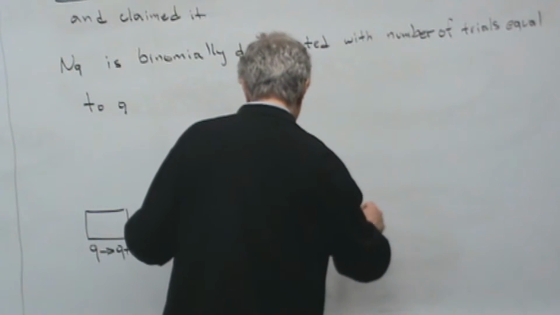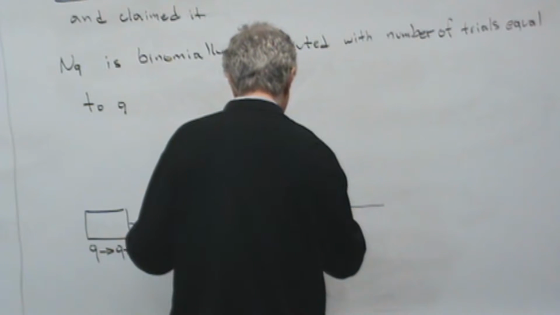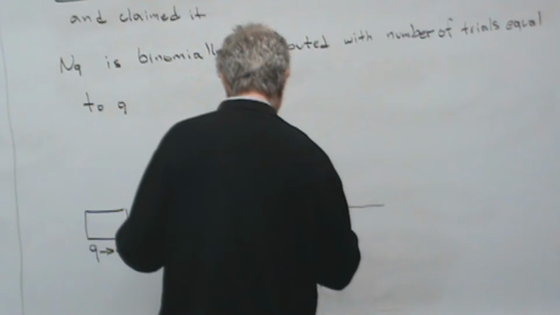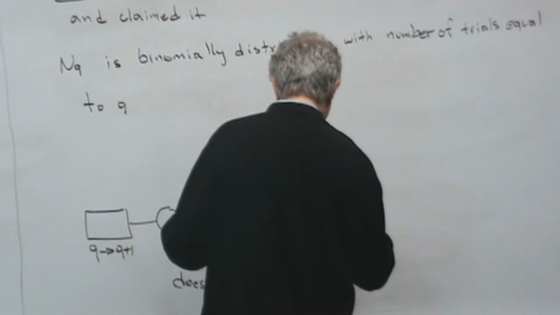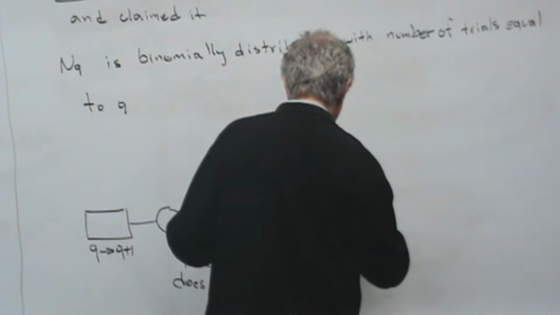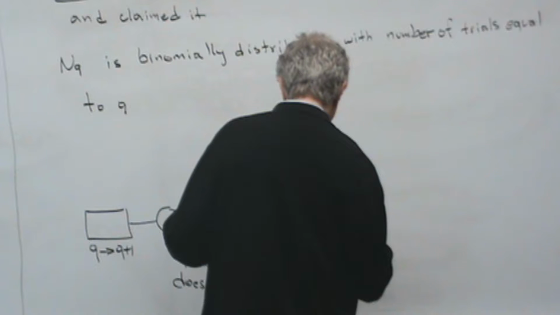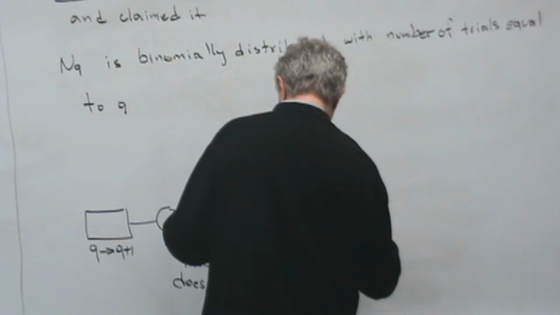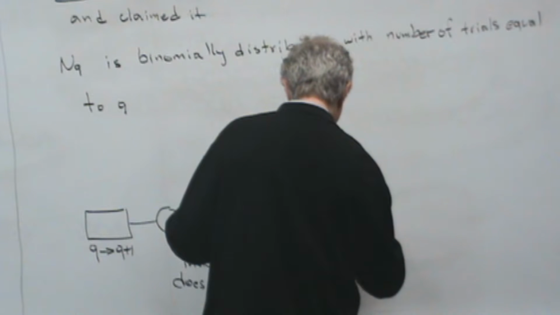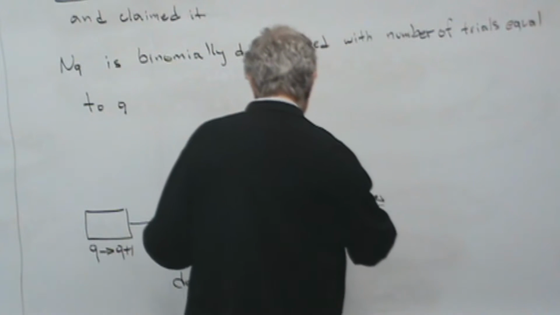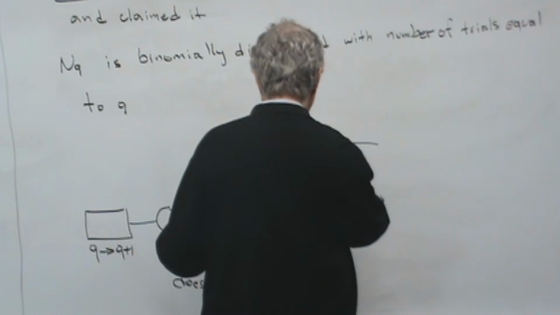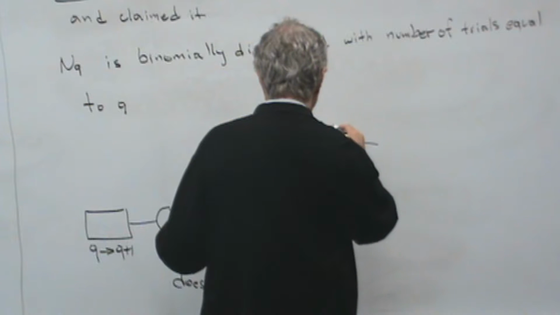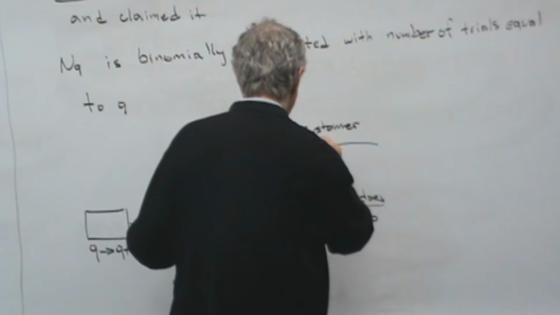So the customer may not show up, so this will happen with probability 20%. Customer does not show up, or the customer may show up. Customer shows up.